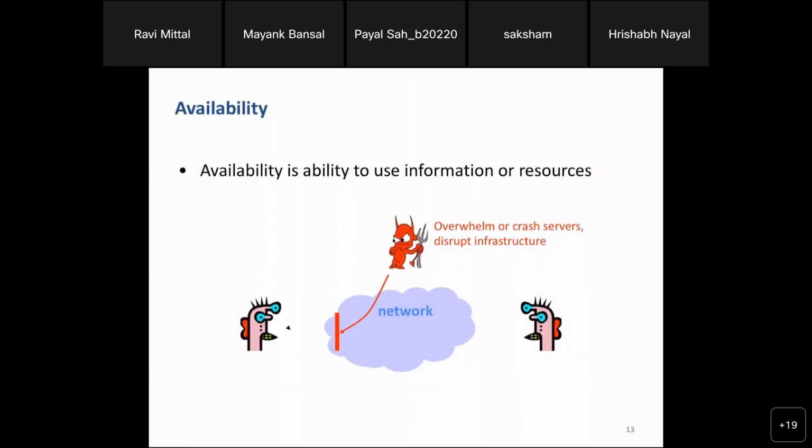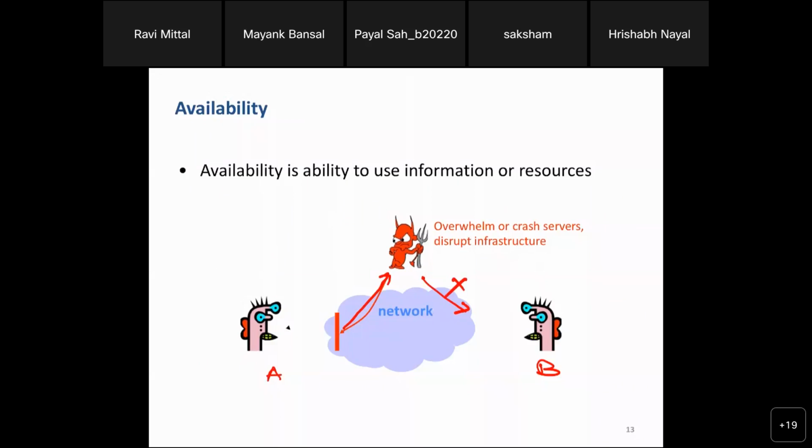Okay. Next point is availability. Availability is the ability to use information or a resource. A resource should remain available. So A is sending a message to B. If the message is taken away by a malicious element and not sent to B, this could be because of anything.